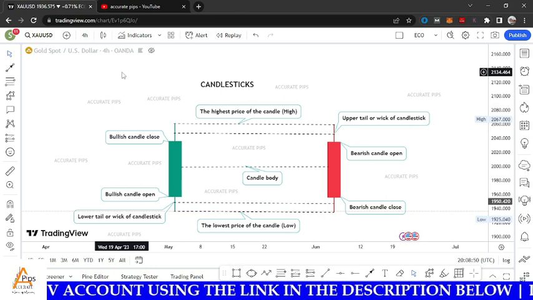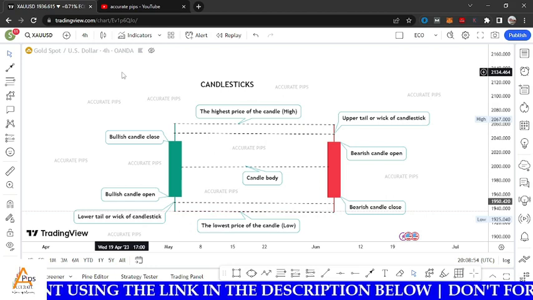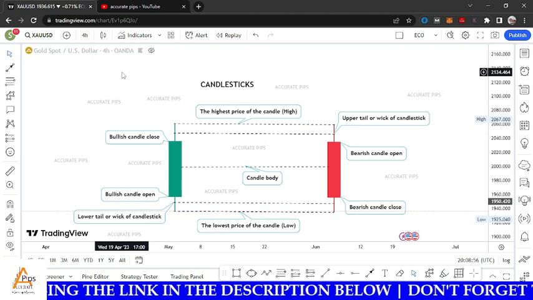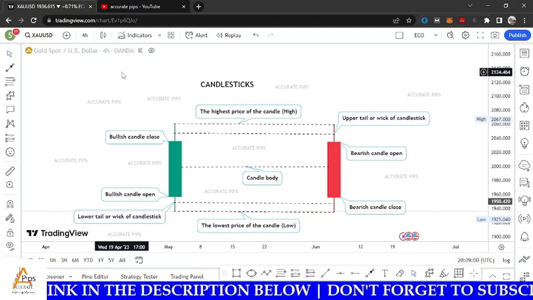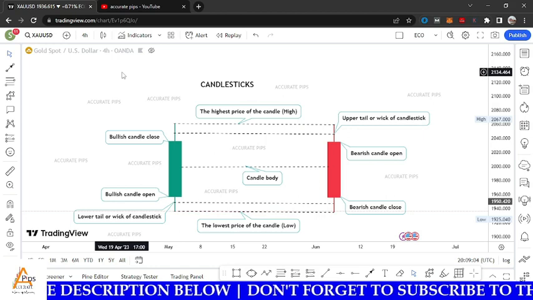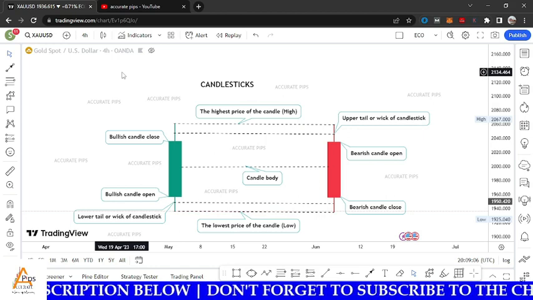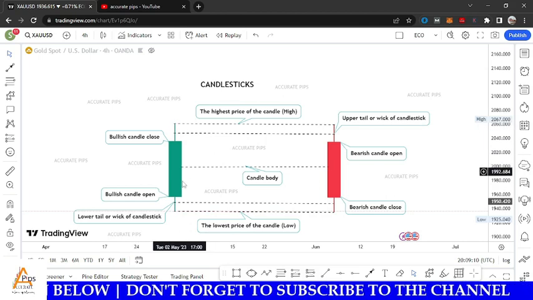What candlesticks do basically is display information about an asset's price movement. That is the opening price, the closing price, the highest price for the period, and also the lowest price for that same period.